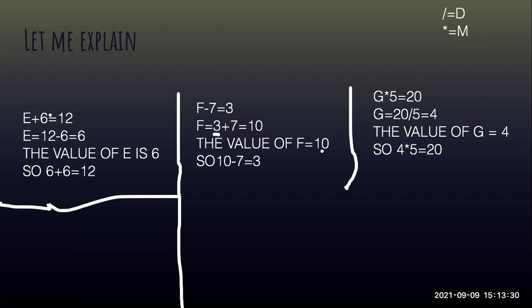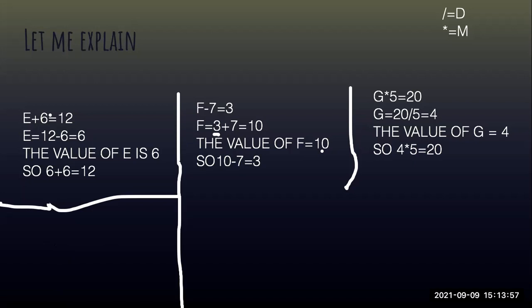So h is equal to 3, after the is equal to there's 3. Division sign changes to multiplication sign. So 9, the remaining number, is equal to 27. So the value of h is equal to 27.